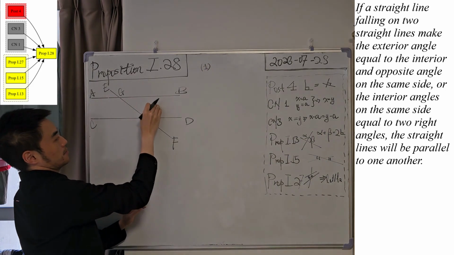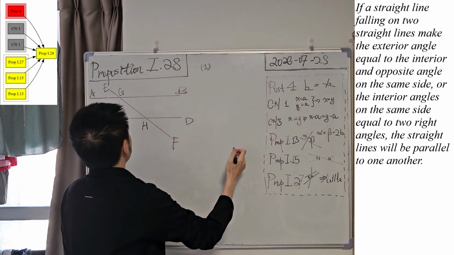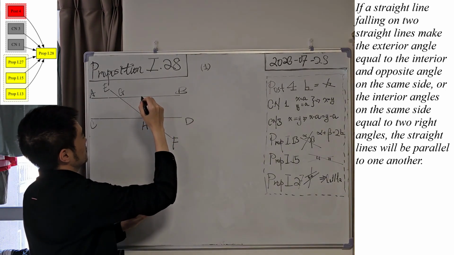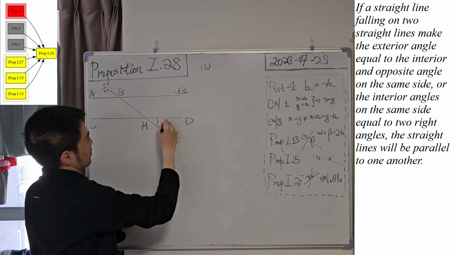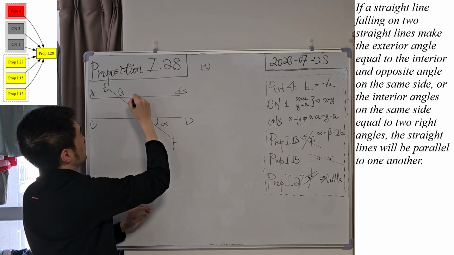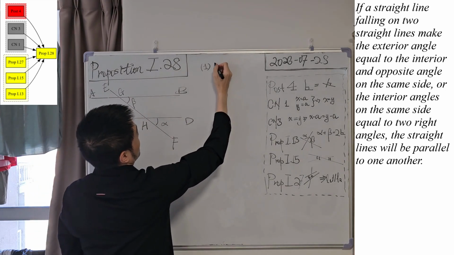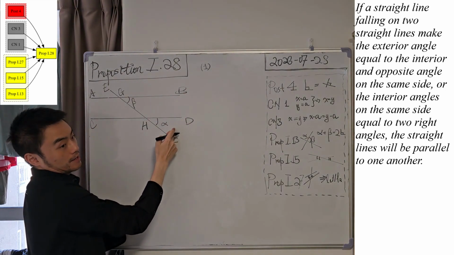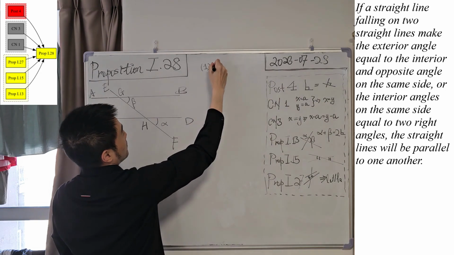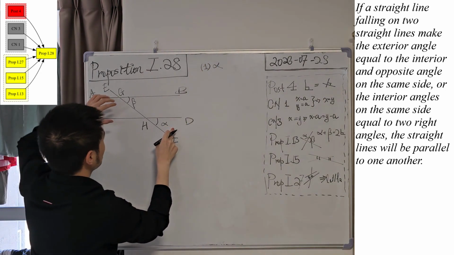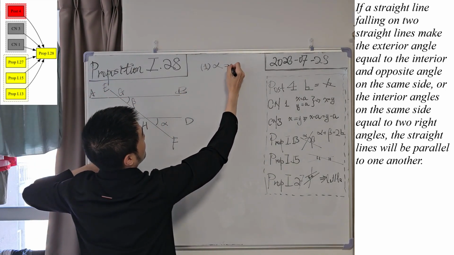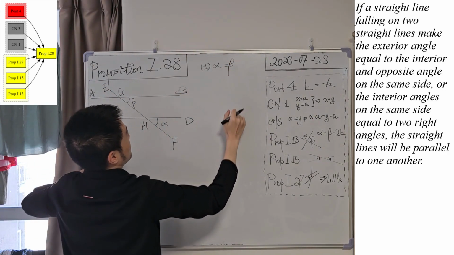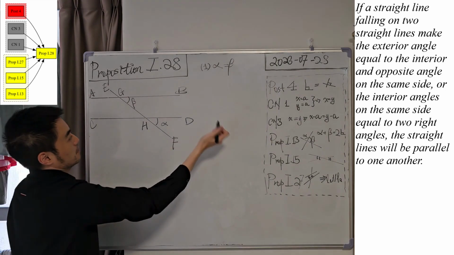Let's take this picture as an example. This is alpha, and this is beta. So it says this is an exterior angle; if an exterior angle is equal to an opposite interior angle, then they are parallel.